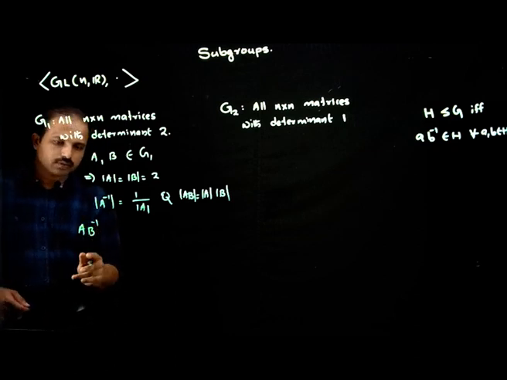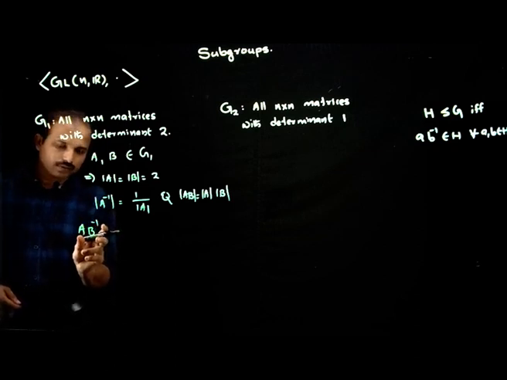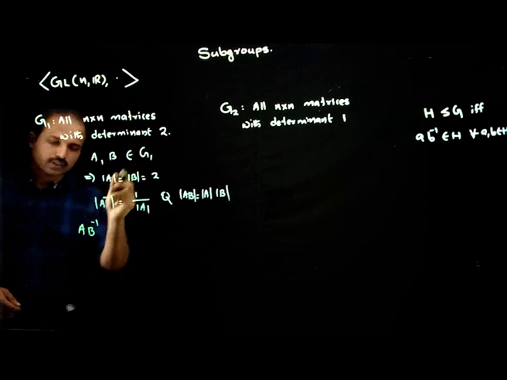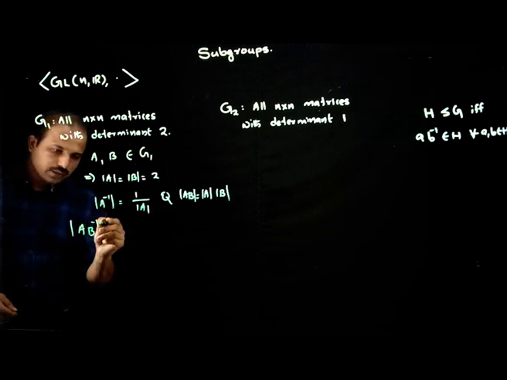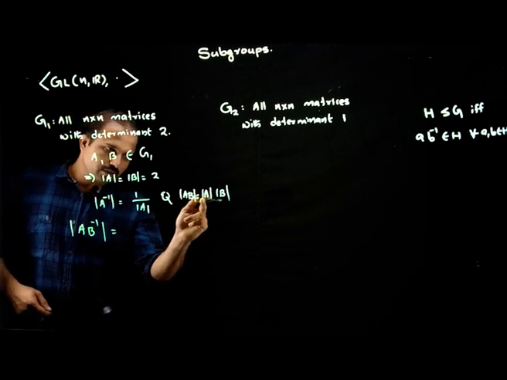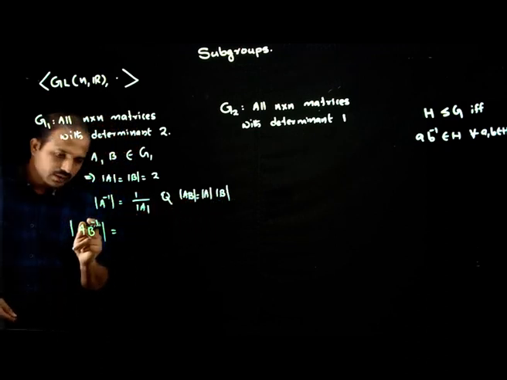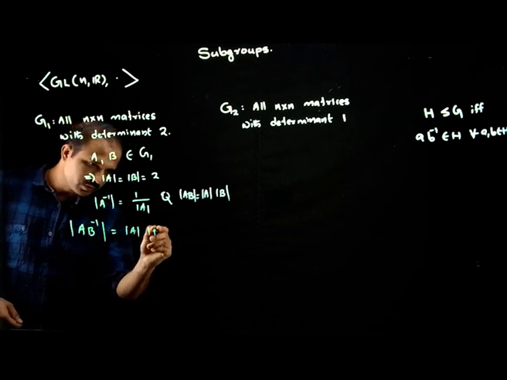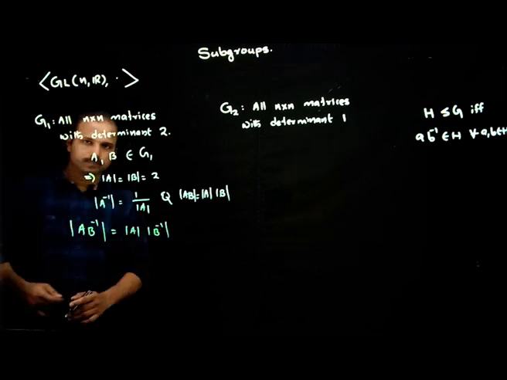For AB inverse to belong to G1, its determinant has to be 2. Now consider the determinant of AB inverse. By using this result, determinant of AB is equal to determinant of A into determinant of B, this one can be written as determinant of A into determinant of B inverse.